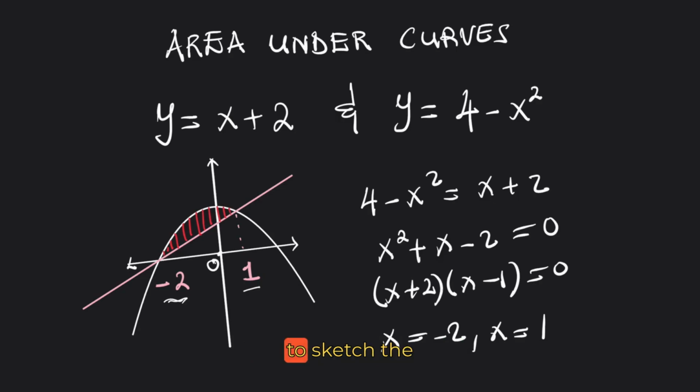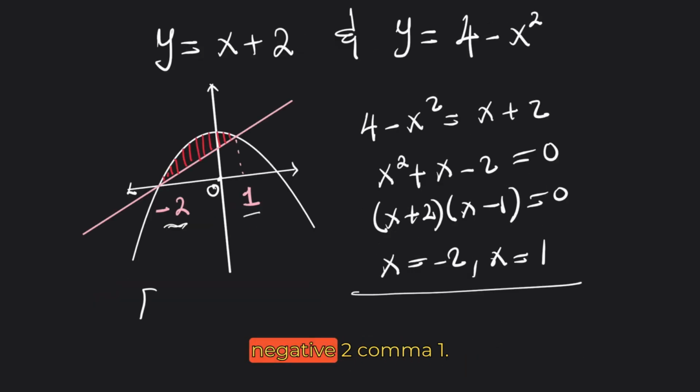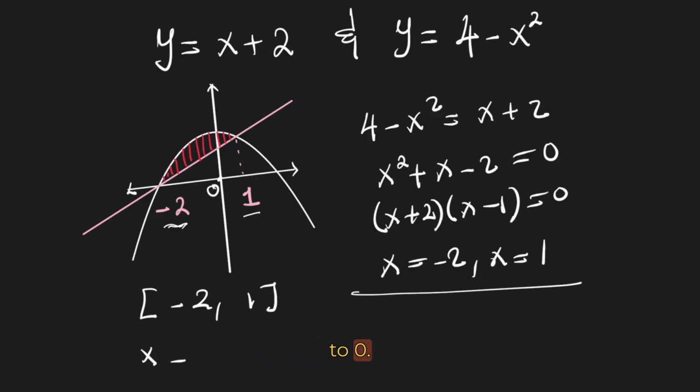If you cannot manage to sketch the graph quickly, you can use a simple trick. After getting the interval, you can see that your interval is negative 2 to 1. You can pick any simple point in this interval. Let us say I pick x to be equal to 0. Now let us plug in x equal to 0 in our functions.